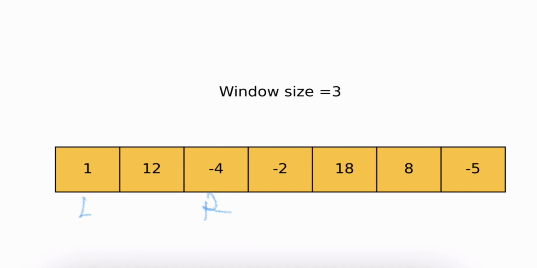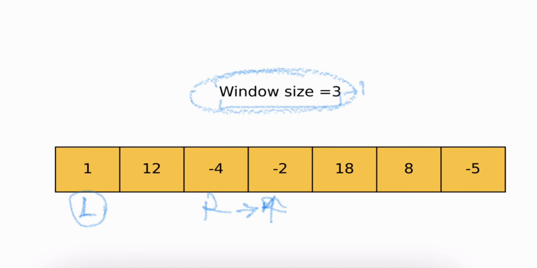We set the left pointer to 0, the right pointer to the window size minus 1, since we start from 0. And then, since our window size is constant, we should increase the left pointer and right pointer at the same time. We cannot only increase the right pointer here and not change the left pointer, since in this scenario the window size increases to 4.